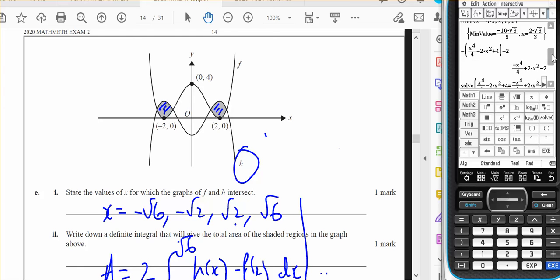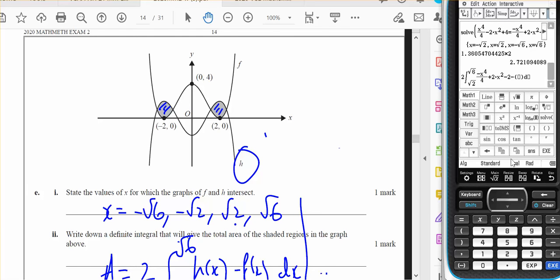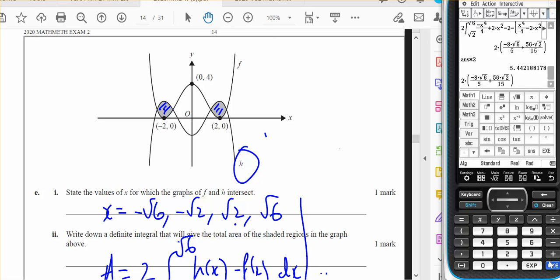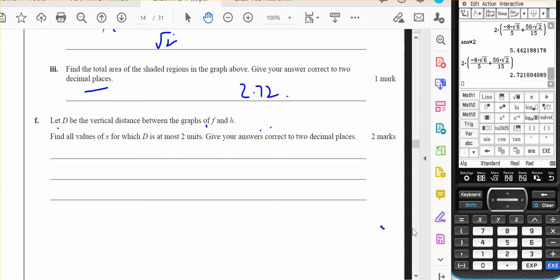Then you go to my original, which is this. Copy, paste, dx. Okay, answer by 2, decimalize it. I don't want to double it because I'd already put a 2 at the front, silly me. Same answer as I got before, 2.72.